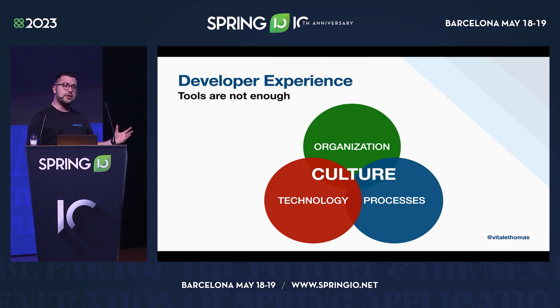And I really like this model because you can apply it to a lot of different scenarios. Think about microservices. We get the technology to build microservices. So we decide, okay, from tomorrow we're going to do microservices, we're going to break up the monolith, great. But then we don't change our processes. So we keep working with our software the way that we used to, even if we change completely the technology and the architecture.